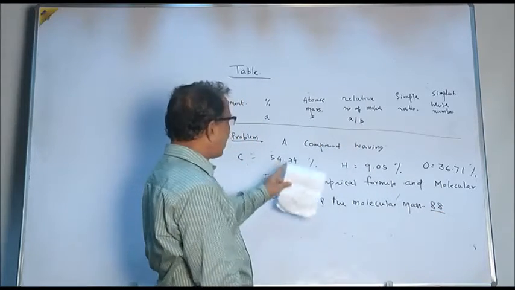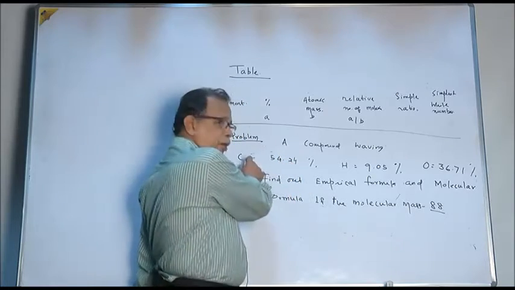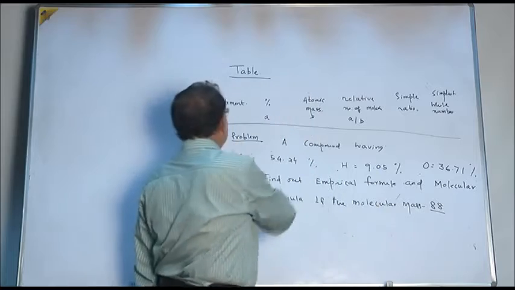So one is the empirical formula and the other is the molecular formula. How many elements are there? Carbon, hydrogen and oxygen. So first write down the elements present.